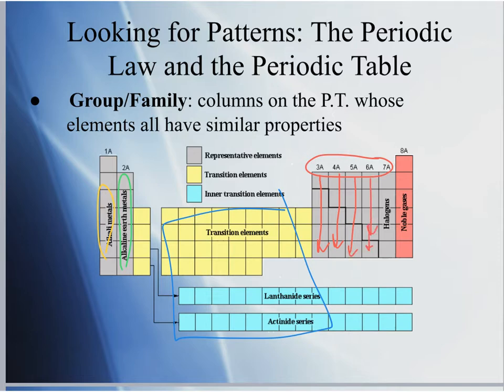Because remember, it's this staircase right here that divides the metals on the left from the nonmetals on the right. So 3 through 6, those groups don't have similar properties, because some of them are metals and some of them are nonmetals. But as soon as we get to group 7 again, they're all nonmetals, and so they all have similar properties. We call those halogens. And then last but not least, the tall one on the very end is the noble gases.